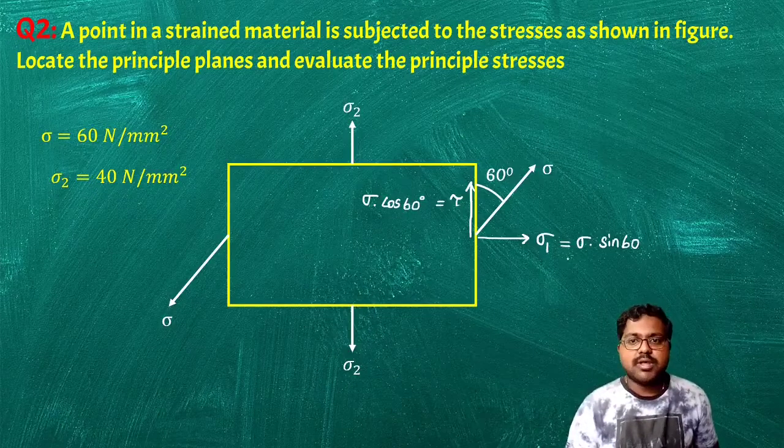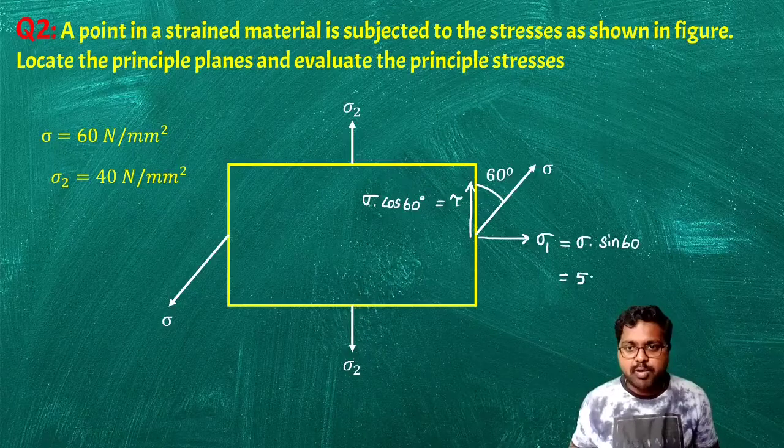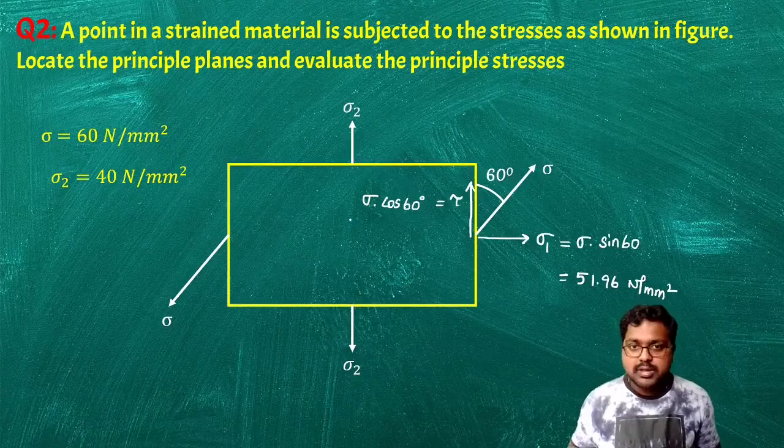Here we know the value of sigma and the angle is 60 degrees. If we simplify it, we will get sigma 1 as 51.96 Newton per mm square and tau as 30 Newton per mm square.